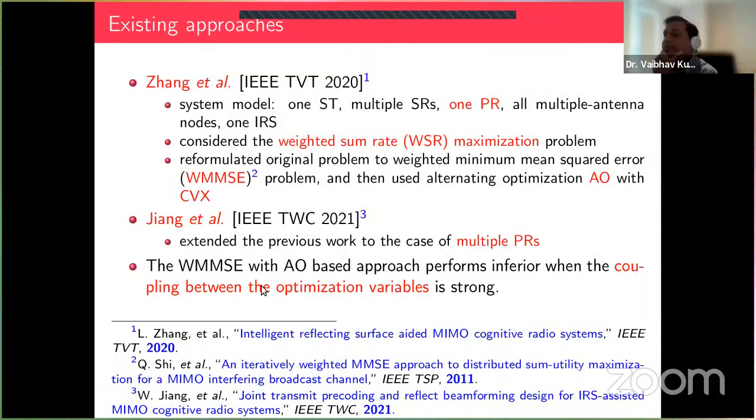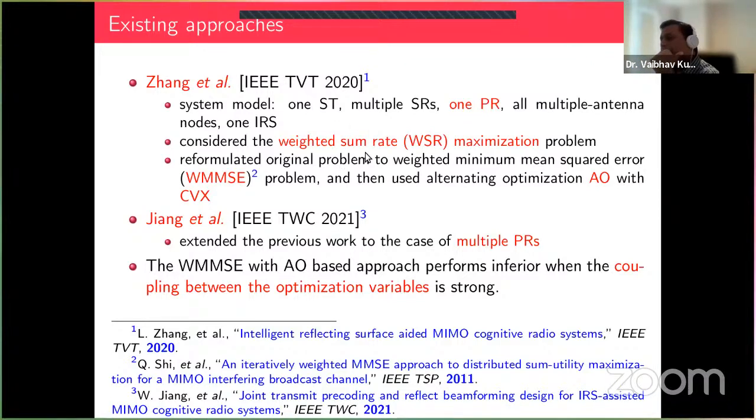So the existing approaches are pretty recent papers from 2020 and 2021. In the first paper, they considered a single secondary transmitter, multiple secondary receivers, and a single primary receiver. All the nodes are multi-antenna, and there is one IRS.